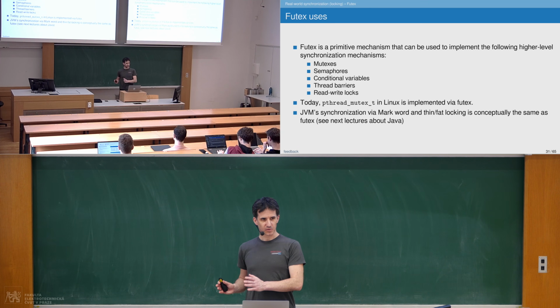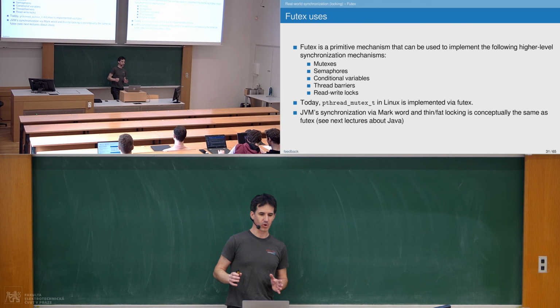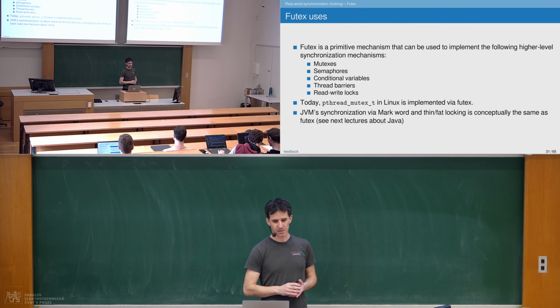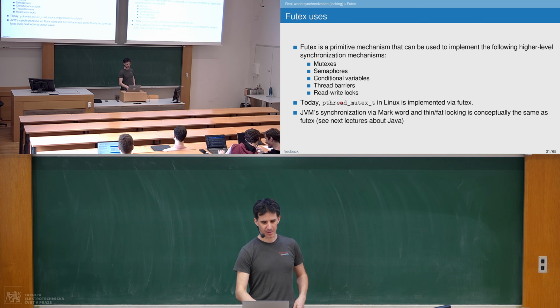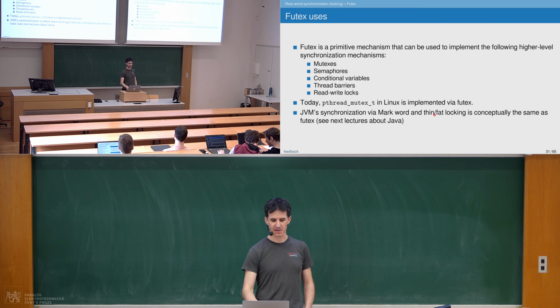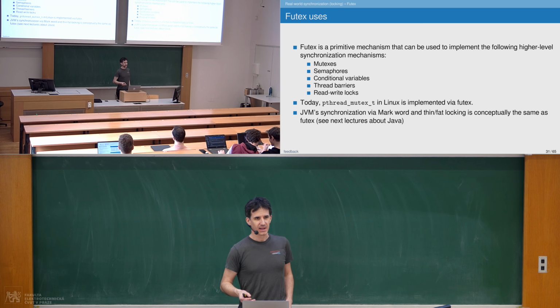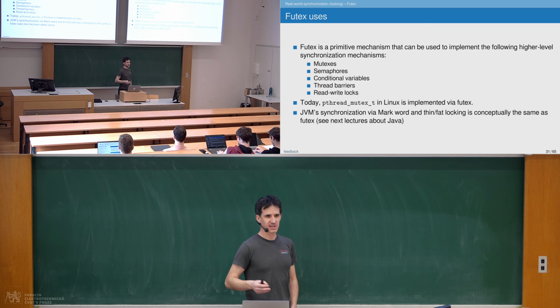In the second part of the lectures, when we talk about the Java virtual machine, you will learn that Java implements something which is called thin/fat locking, and the principle is basically the same.